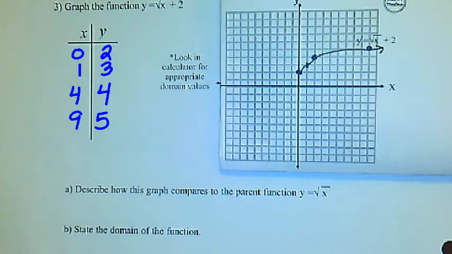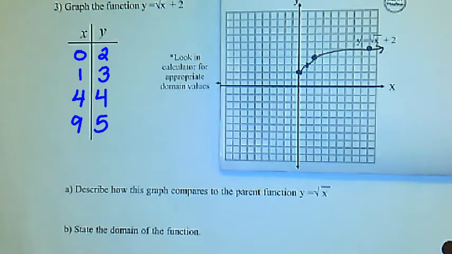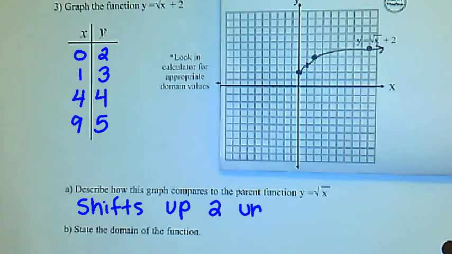So that's what your graph should look like. Again, I just plotted those coordinates and then draw a nice smooth curve. The next thing, we want to describe how this graph compares to the parent function. So if you look back to our sketch, all that's happening is this shifts up 2 units.